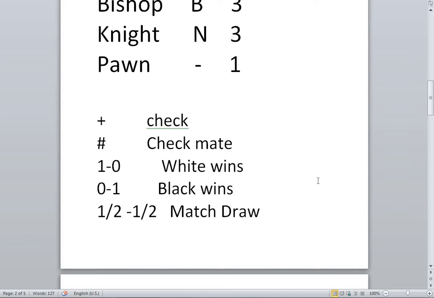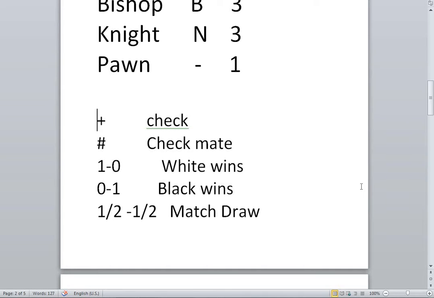The next part is the signs that are used in notation. For example, if we write plus in front of any move, it means that we have given a check. If we write a hash, that means we have checkmated. At the end of the game, if 1-0 is written, it means that white has won the game, and 0-1 means black has won the game.